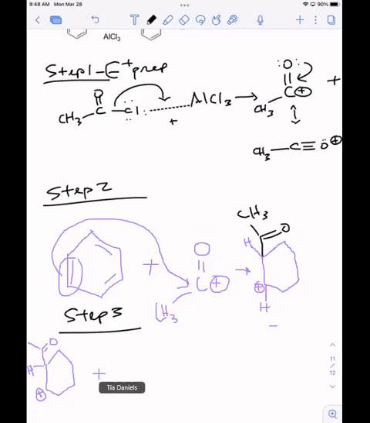Good, excellent. You're going to do an elimination with aluminum tetrachloride as the base, and you're going to follow that up with regenerating aluminum trichloride, put the pi bond back, reestablishing aromaticity, and that's the end of the reaction.